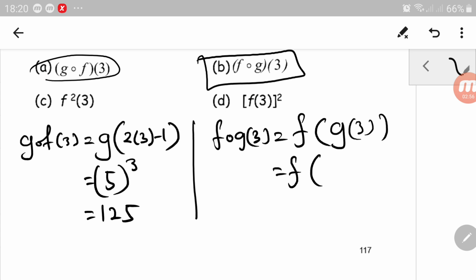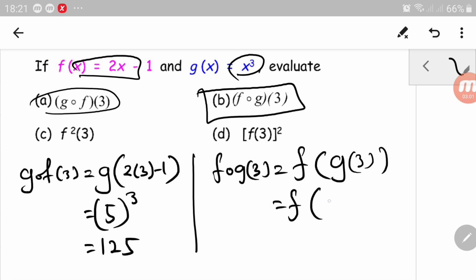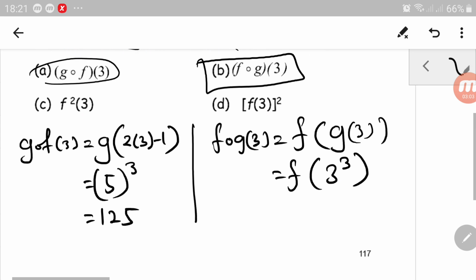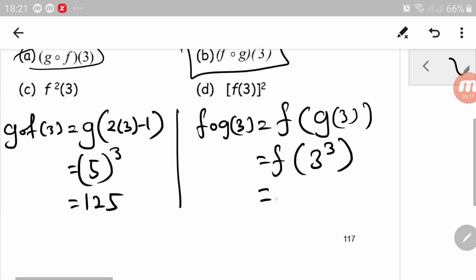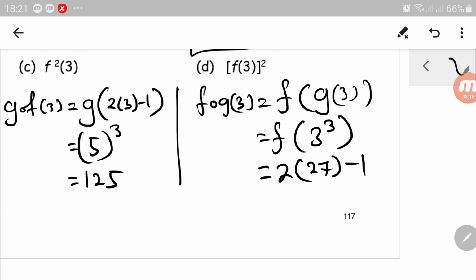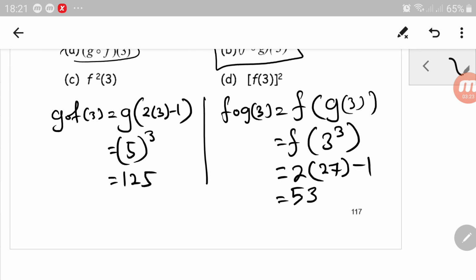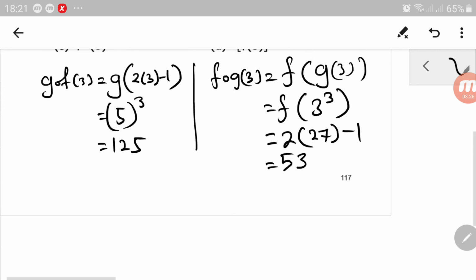G is x cubed, so 3 cubed is 27. Then f doubles that and subtracts 1: 2 times 27 is 54, minus 1 is 53.